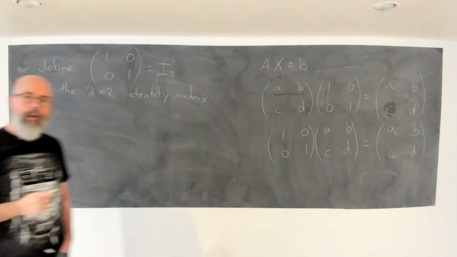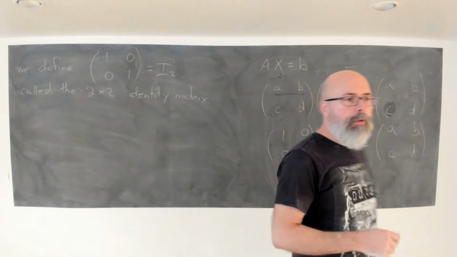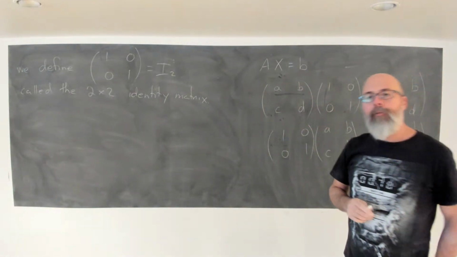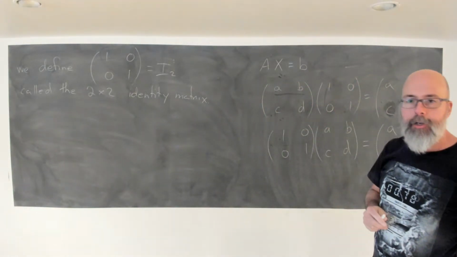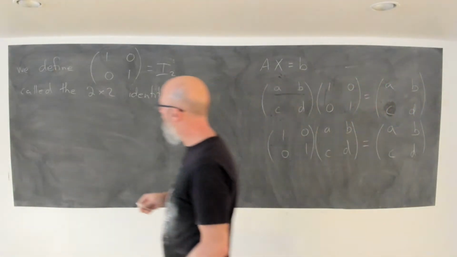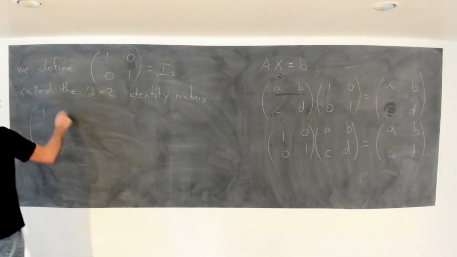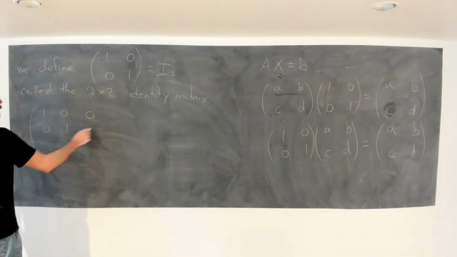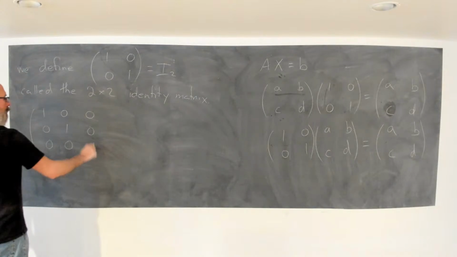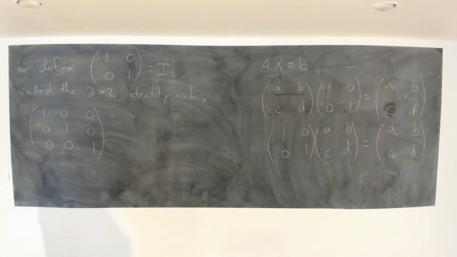The 2 by 2 identity matrix. Questions arise naturally. Do we have the 3 by 3 identity matrix? And so on for larger size. Absolutely. And it's exactly what you would think. Zeros everywhere, except on the main diagonal.